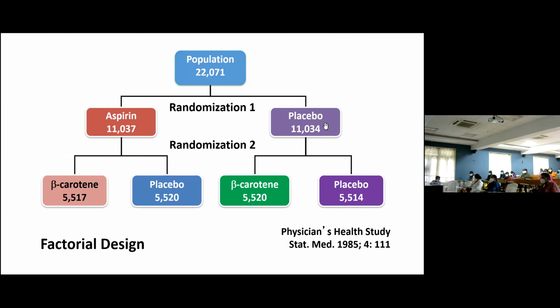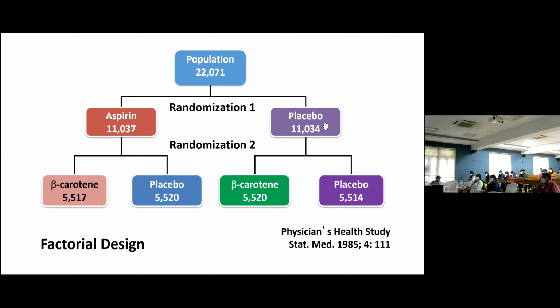For example, for a factorial design, an example is given: a population of 22,000 is taken, 11,000 are sent to aspirin and 11,000 to placebo. This is actually a study done in 1985, the Physicians' Health Study, PHS it is called. Of those who had aspirin, half had beta carotene and half had placebo, and the same with the placebo group: beta carotene and placebo.